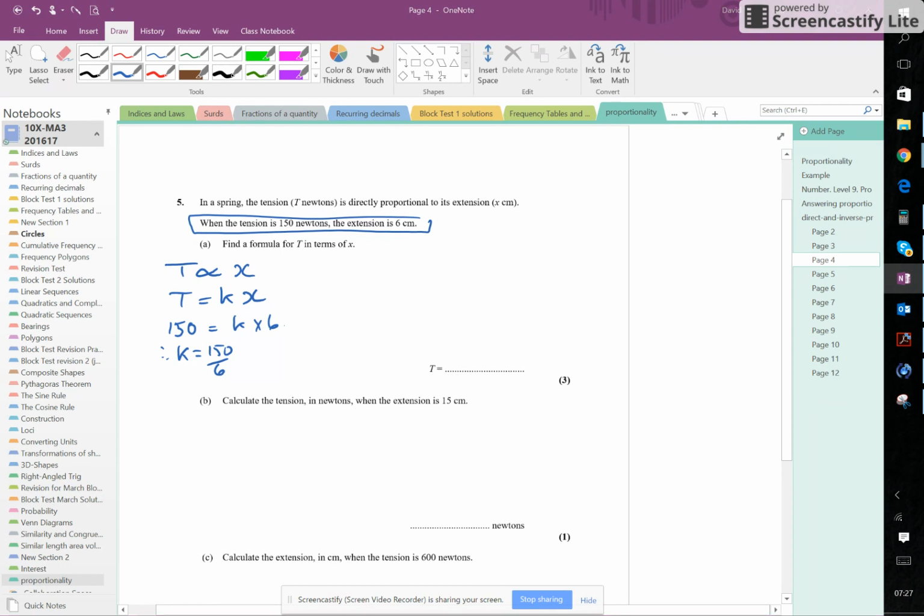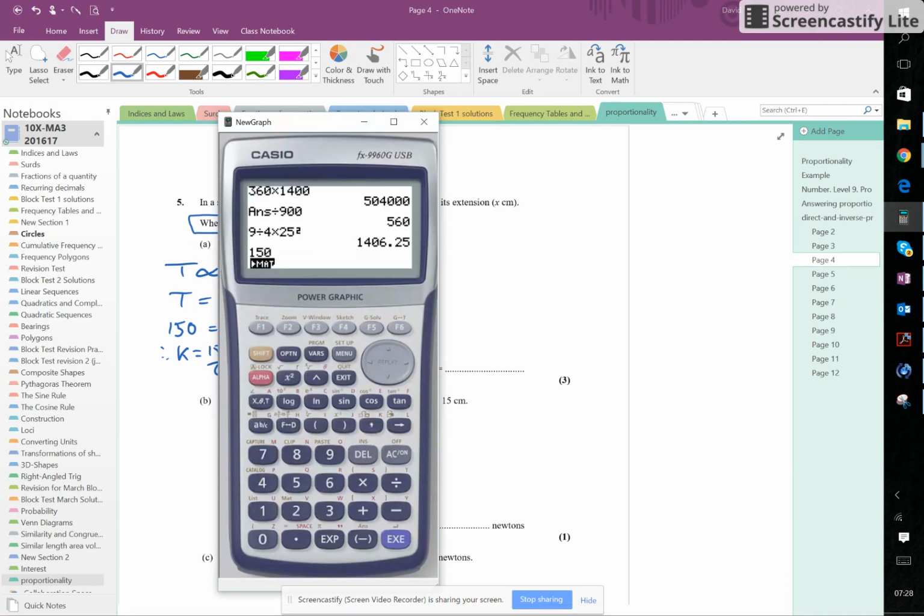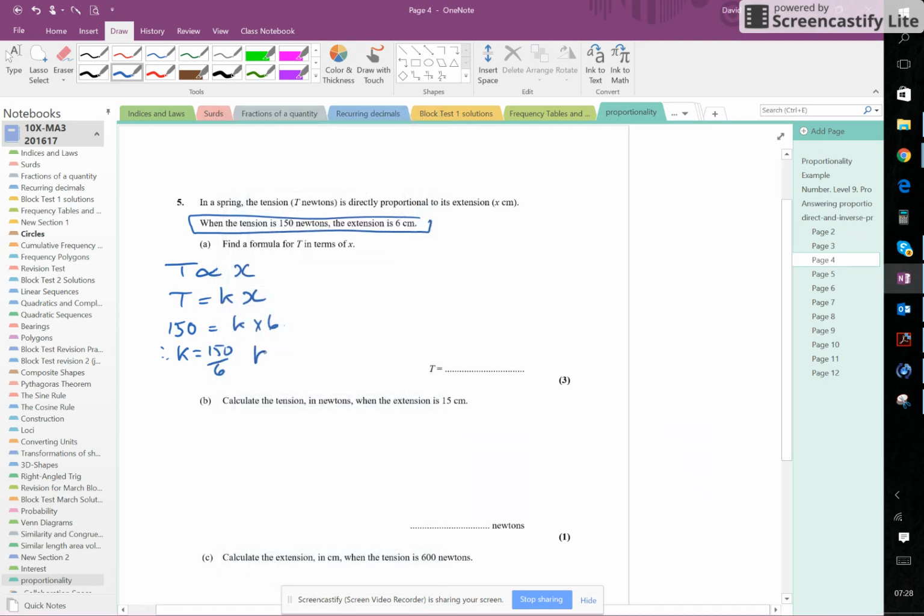And 150 divided by 6, we can cancel that down. Divide top and bottom by 3, and we get 25. So k equals 25. And then we must substitute that back into this equation here. So therefore, t equals 25x. Once we've done that, we can write that in there.